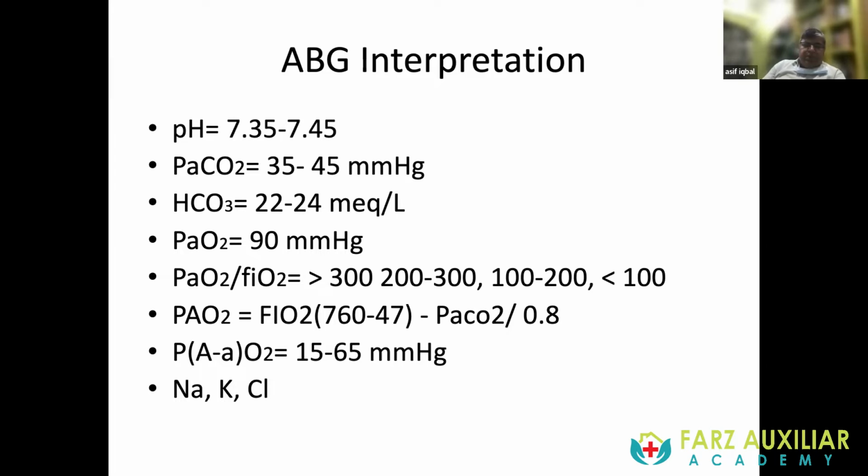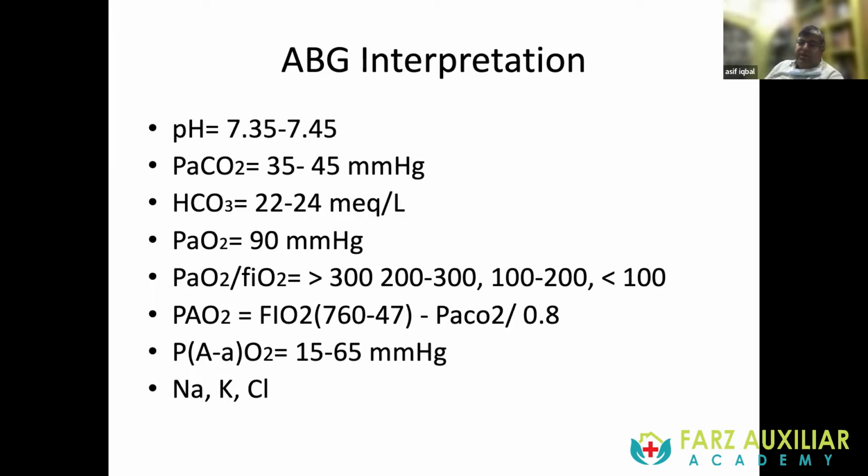PaO2/FiO2 ratio is not directly part of your ABG calculation, but you must know it when you are seeing a patient on a ventilator, to understand the lung pathology. Similarly, the alveolar oxygen concentration, PAO2, is FiO2 into atmospheric pressure minus 47, minus PaCO2 divided by the respiratory coefficient of 0.8.